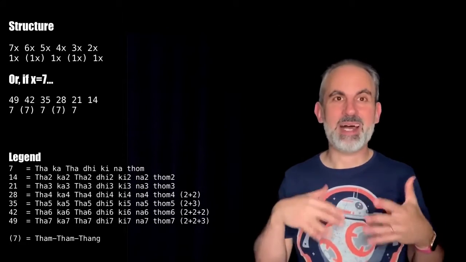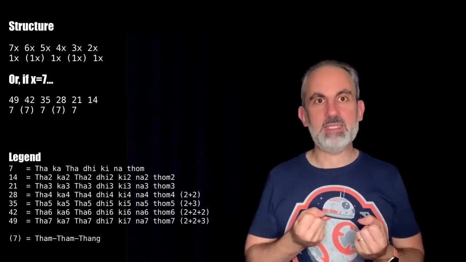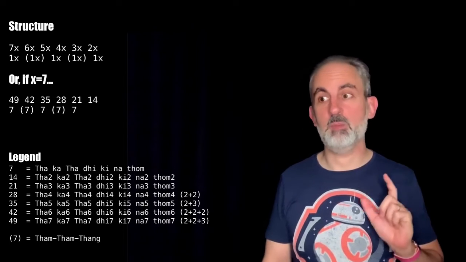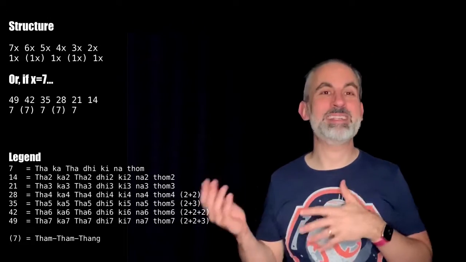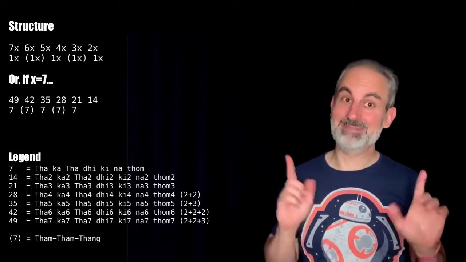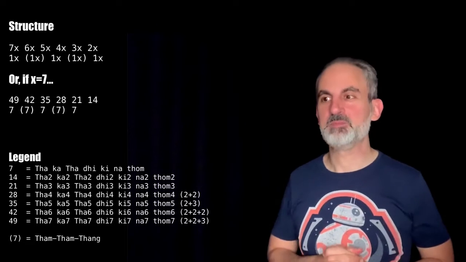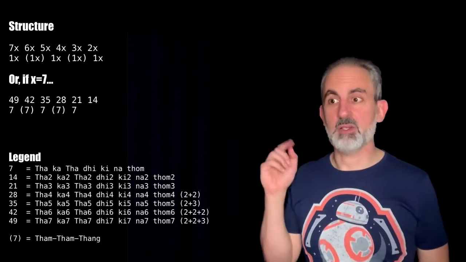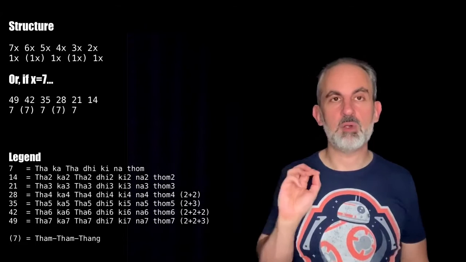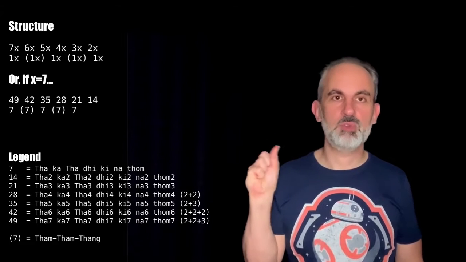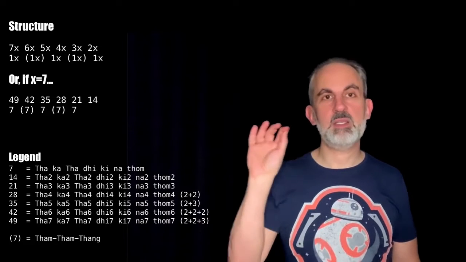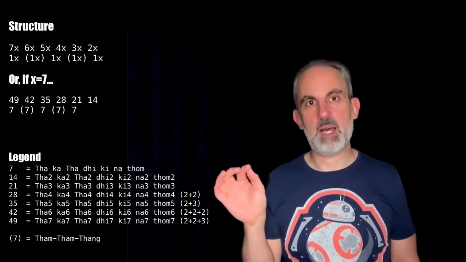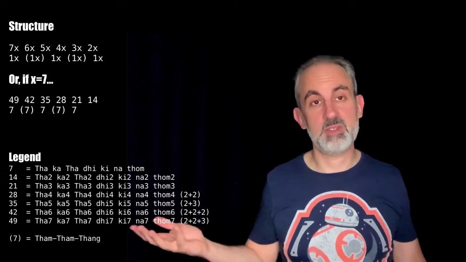Since our main phrase has a length of 7 beats today, our x has a value of 7. What we get are these figures: 49, 42, 35, 28, 21, 14, and then 7, 7 gap, 7, 7 gap, 7. These are all multiples of 7, of course.